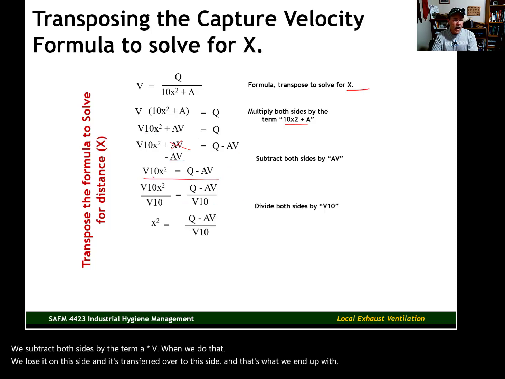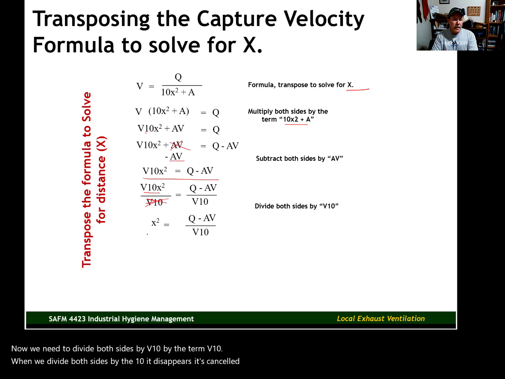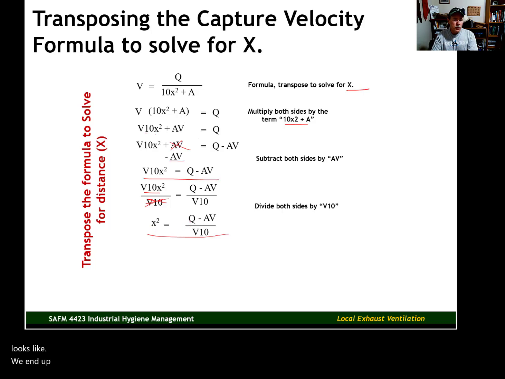Now we need to divide both sides by the term v times 10. When we divide both sides by v times 10, it disappears, it's canceled out over here, and at this iteration, this is what our calculation looks like. We end up with x squared equals q minus a times v divided by v times 10.